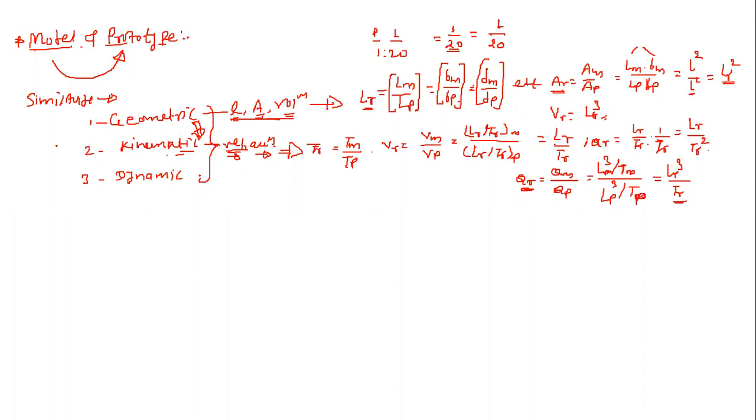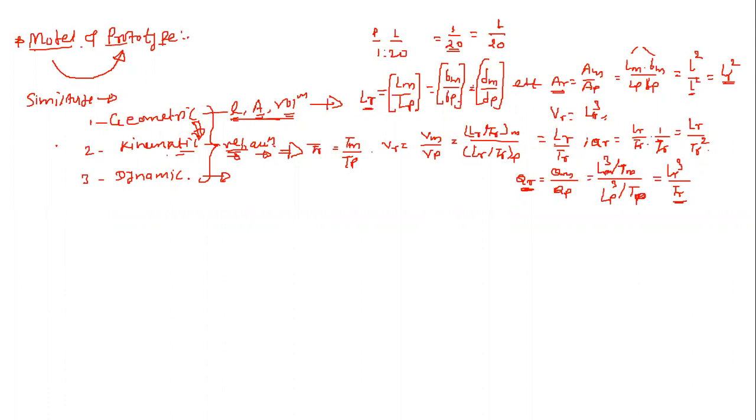The next similarity is dynamic similarity. Dynamic similarity is the similarity between the forces and their nature, that is, their direction. If the forces acting on the model and the prototype have the same magnitudes and the same directions, then there exists a dynamic similarity between the model and prototype.